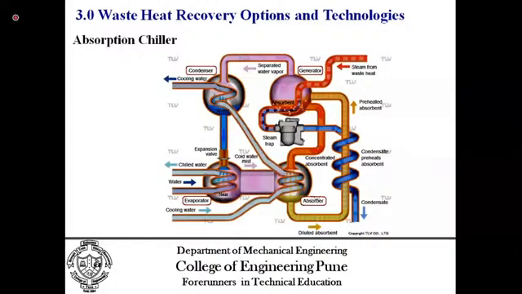Without releasing it to the atmosphere, it is passed through the generator, and then it is reused for heating the diluted absorbent. So the heat content in this hot waste steam is reused first in the generator and second in the heater.